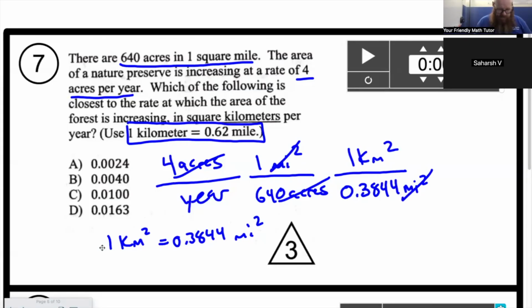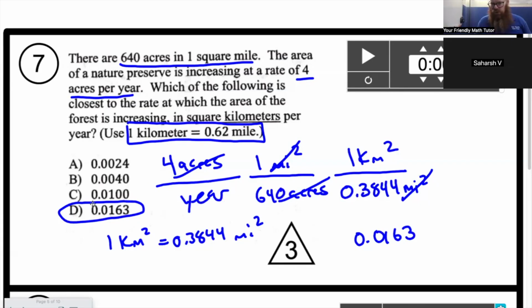Now I just do the math. So I just do 4 divided by 640 and then take that and divide by 0.3844 and you get like 0.0163, which is answer choice D. And you can be certain that if you just put 0.62 on the bottom here, that answer would be there.